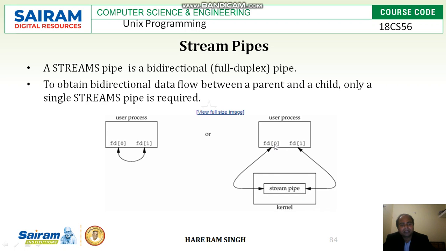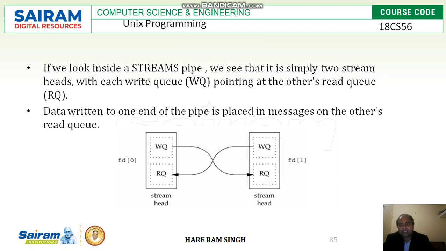Data can be written from FD0 to the stream pipe, and data can also be read from the stream pipe to FD0. Similarly, using FD1, data can be written to the stream pipe and read by the process. So in both directions data can be transferred.